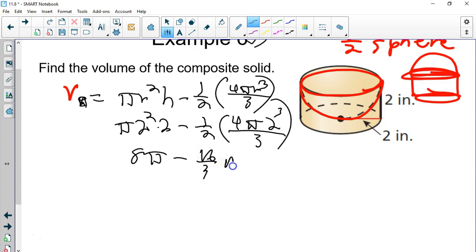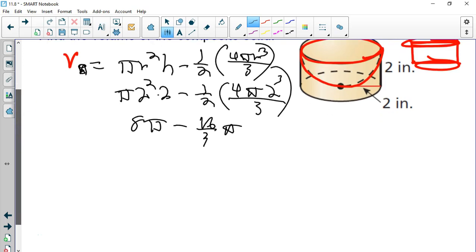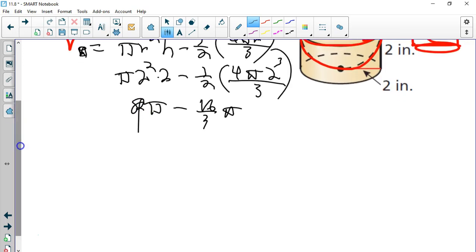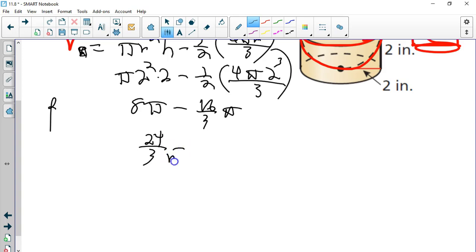A little nasty. Okay? Well, we need to have a common denominator. So 8 is really 24/3, right? 24/3 pi minus 16/3 pi.